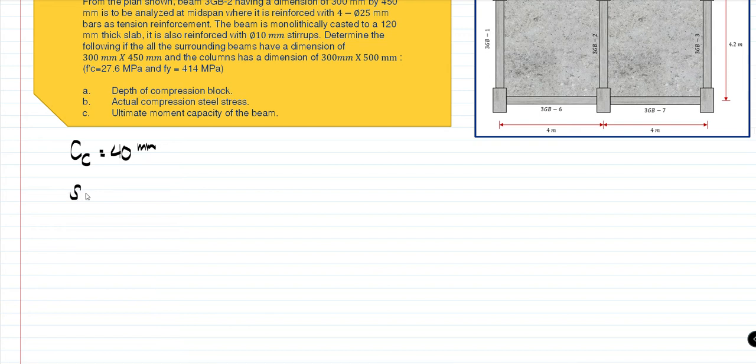the check of spacing, which is S is equal to the b minus 2 times the concrete clear cover minus 2 times the diameter of stirrups minus n minus 1 times the diameter of the bar, divided by n minus 1.